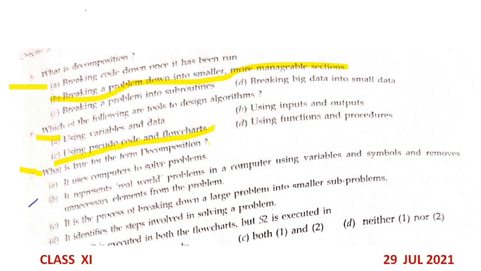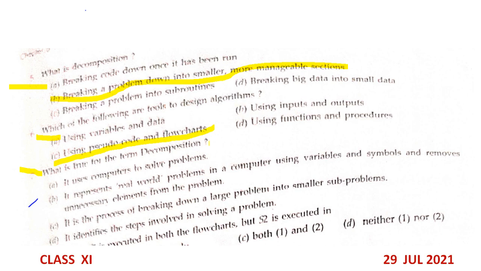The next question, which is true for the term decomposition? It uses computers to solve problems. It represents real world problems in a computer using variables and symbols, and removes the unnecessary elements from the problem.